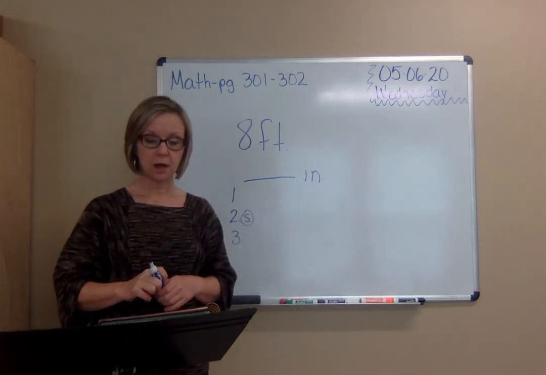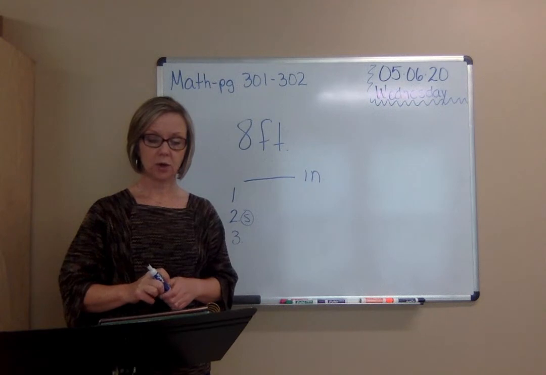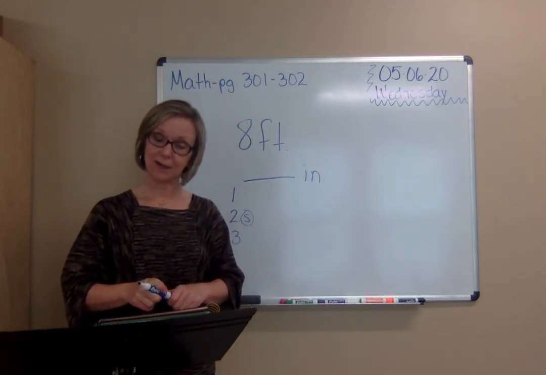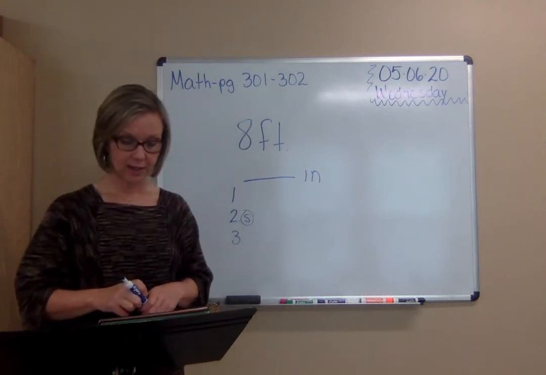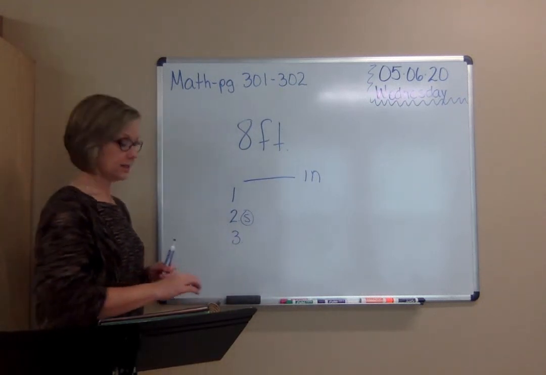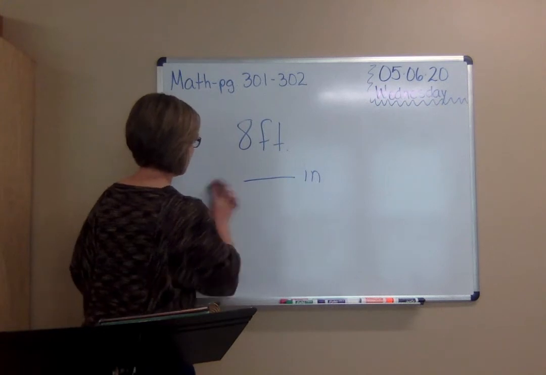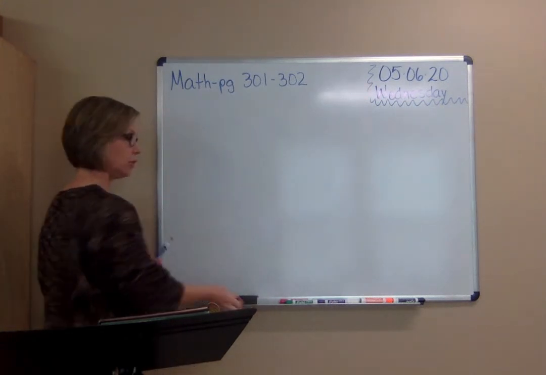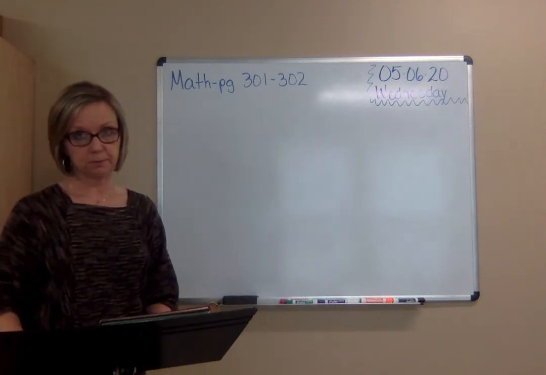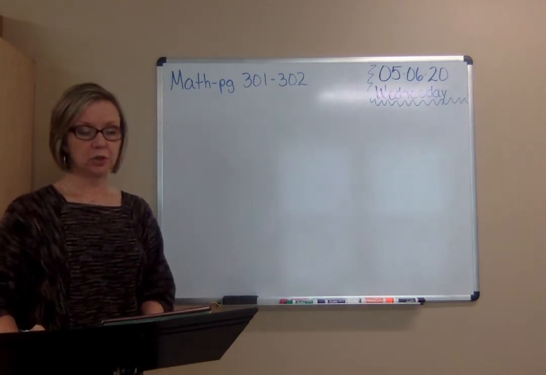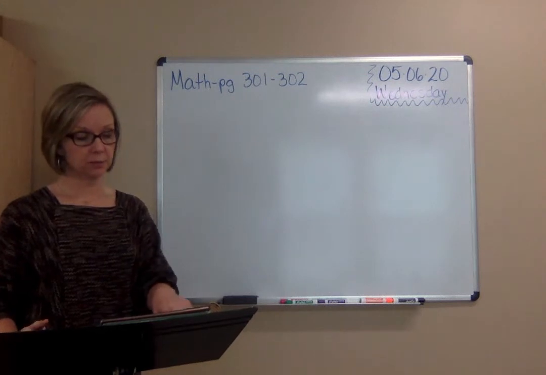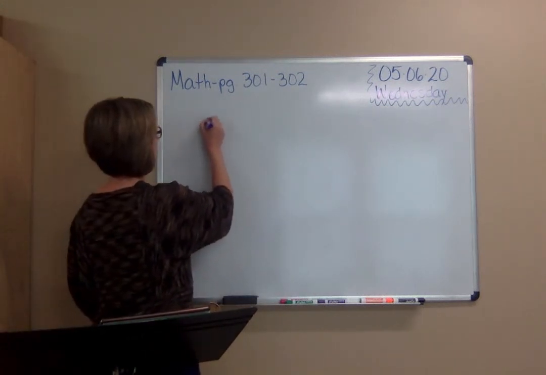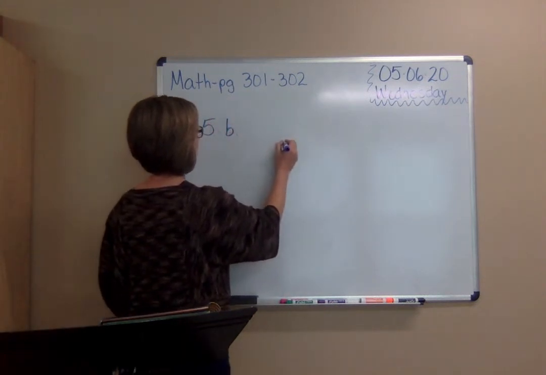5B. Aubrey's grades in spelling are 99, 100, 98, 94, 100, and 97. What is her average? Okay, so you are going to have to add up her grades and then average them. What I would caution you here is to be careful with your columns. You start with, this is 5B, you start with 99.